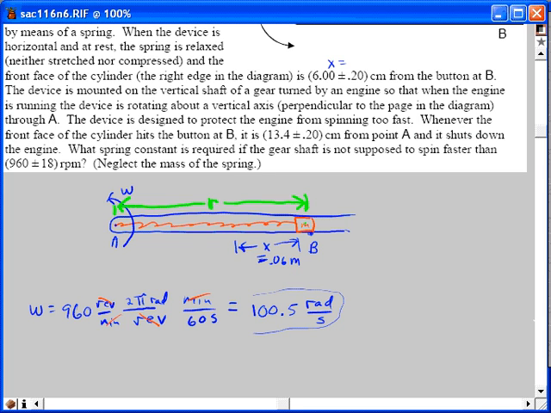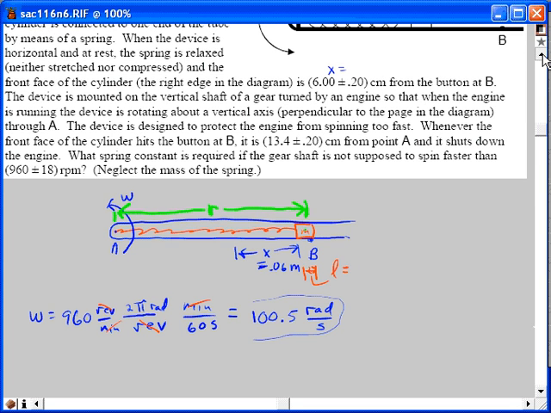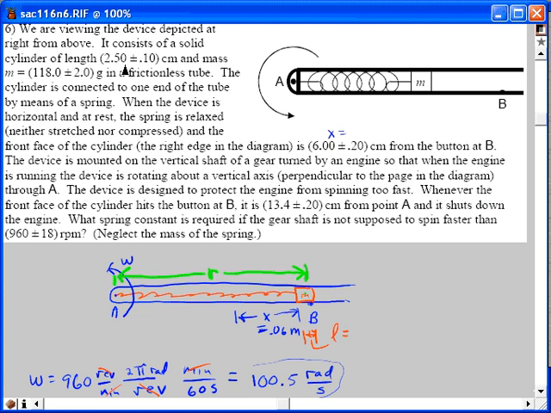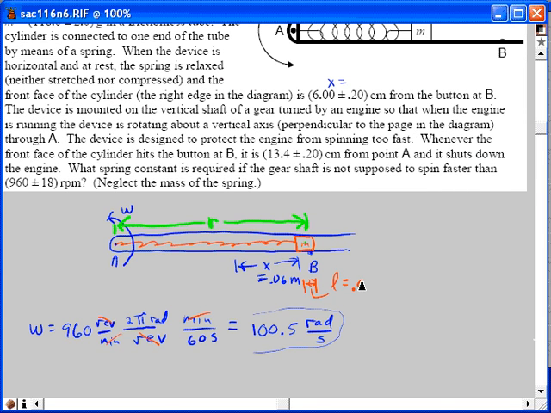They give me the length of the cylinder. I'm going to need half that length to figure out what r is, so let's put that in there. This is lowercase l, I'll call it, and it's 2.5 centimeters. Yeah, cylinder of length 2.5 centimeters. So 0.025 meters for the length of that cylinder.